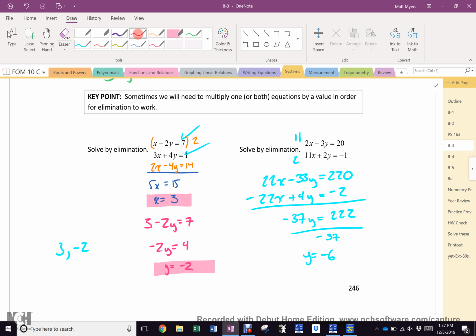Now, if I went the other way with 2 and 3, I would have gotten 4x minus 6y equals 40 and 33x plus 6y equals negative 3. Would I add or subtract that one?